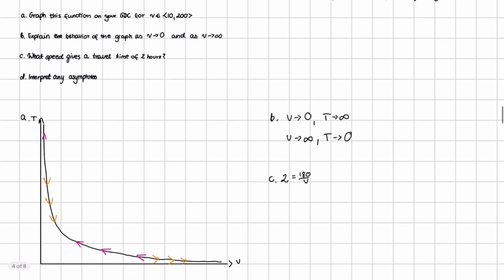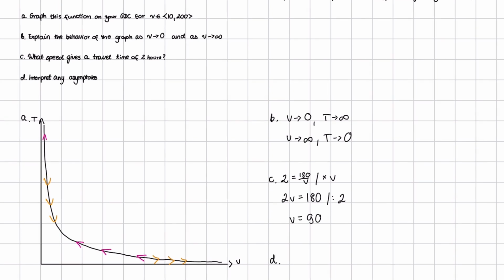We can solve it manually or on our GDC. Maybe we can firstly multiply by v, so 2v equals 180, and then divide both sides by 2, so v equals 90. So the speed is 90 kilometers per hour.